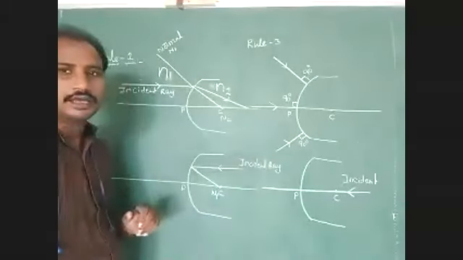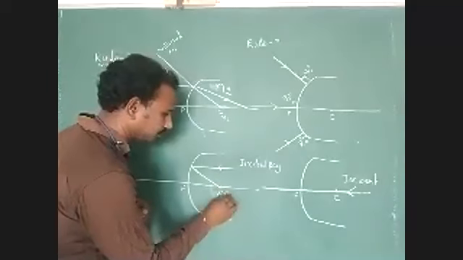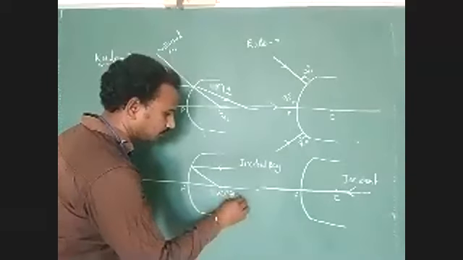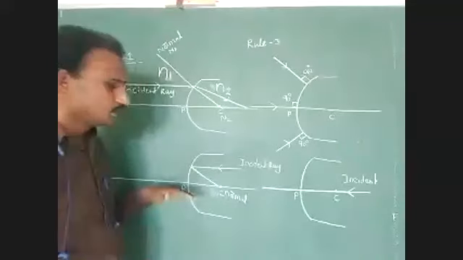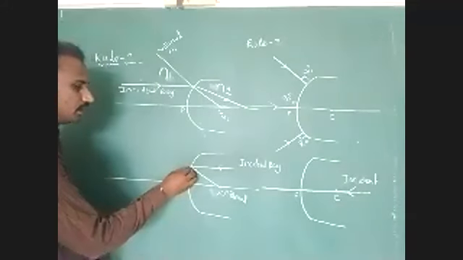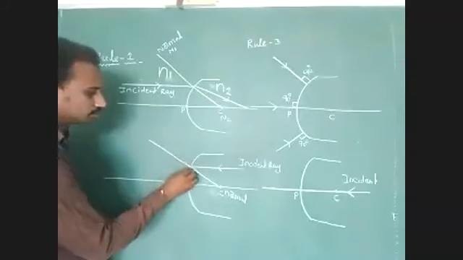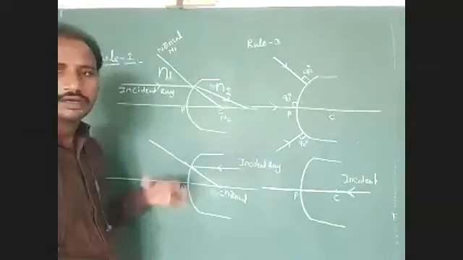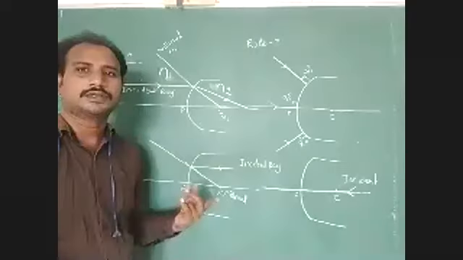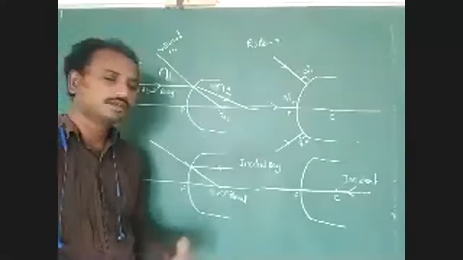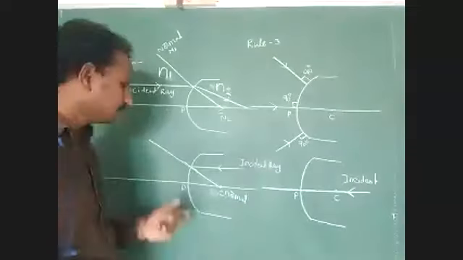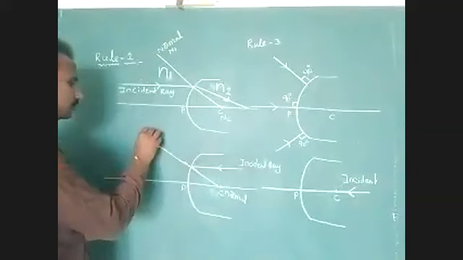Next, we represent that normal in the rarer optical medium. The normal is always perpendicular to the curved surface and passes through the center of curvature.